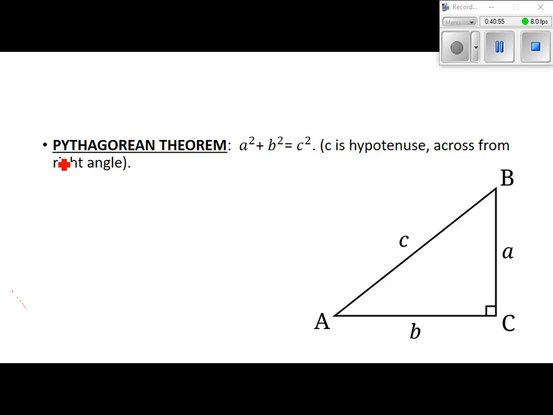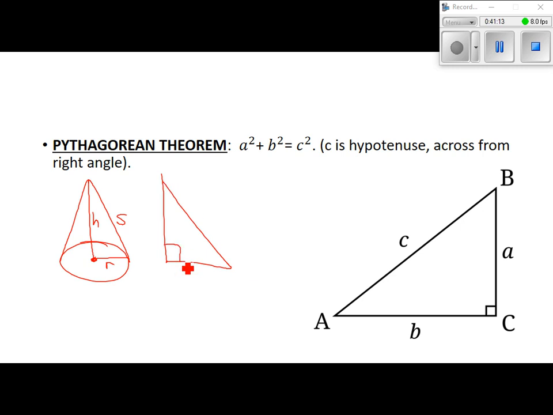To find that slant height, whether it's in a cone or a pyramid, I'm going to use a cone. If we have this cone, this is the radius, this is the height, this is the slant height. We're just going to use that right triangle, and to find the missing side we use the Pythagorean theorem.